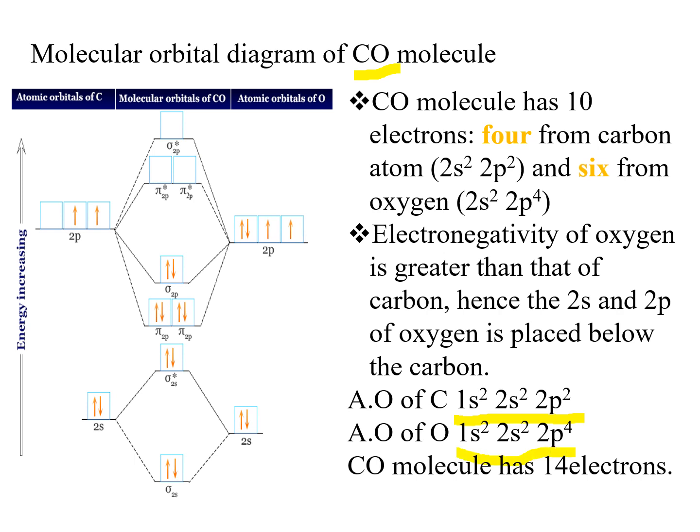So in total there are 14 electrons in the CO molecule. Out of these 14, 10 electrons, 4 from the carbon atom and 6 from the oxygen atom, participate in the molecular orbitals. The electronegativity of oxygen is greater than that of carbon, hence the 2s and 2p of oxygen are placed below those of carbon.